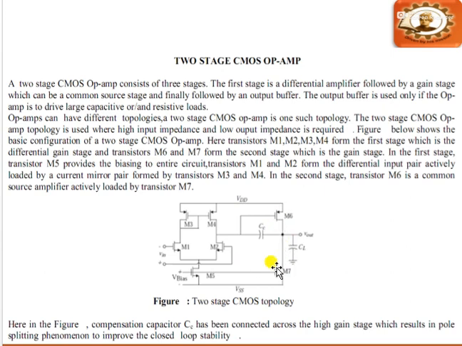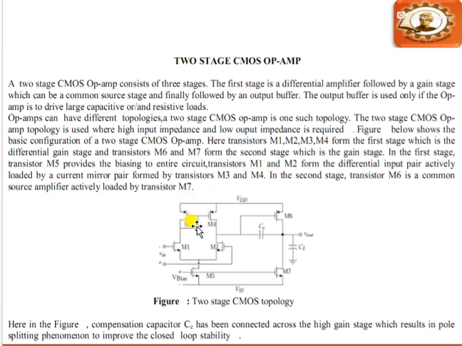In the first stage, transistor M5 provides the biasing of this entire MOS circuit, and transistors M1 and M2 form a differential input pair, which is actively loaded by a current mirror pair formed by M3 and M4.